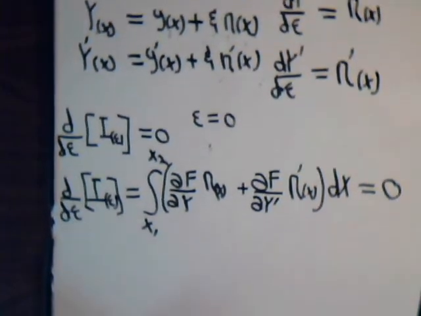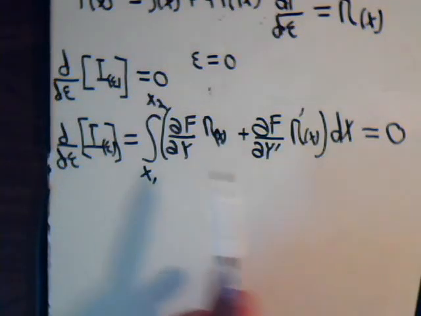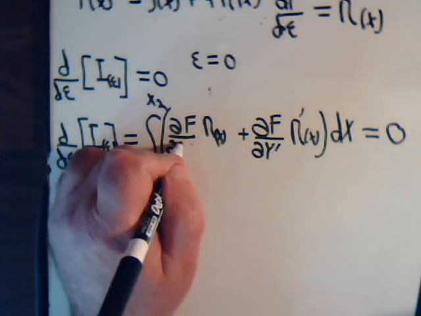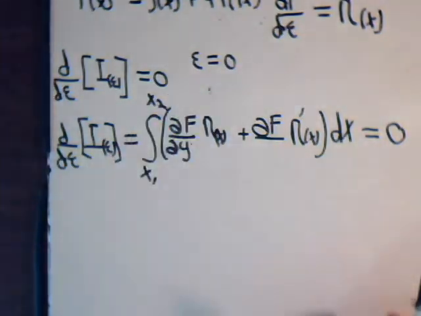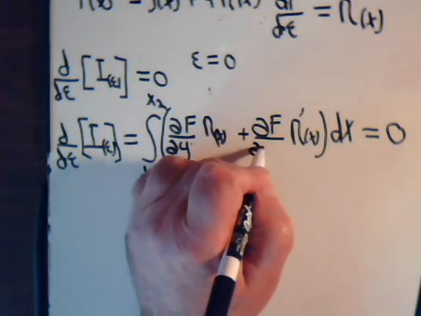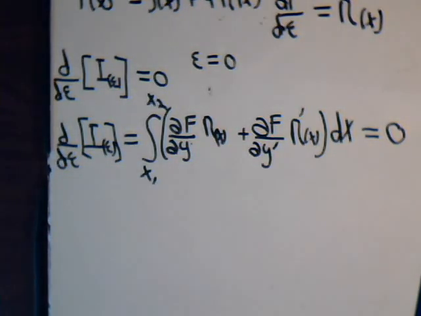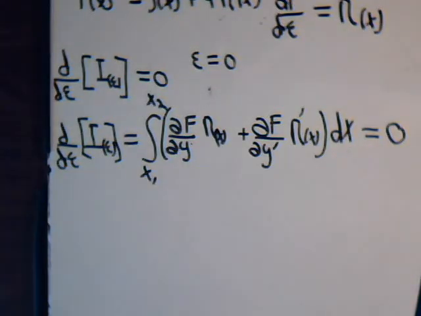So that means here we replace big Y with small y and big Y prime with small y prime. So this is the partial, put small y here and put small y prime in here. Okay, so we're saying then we want this integral here to equal 0.